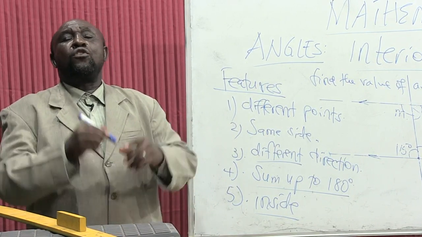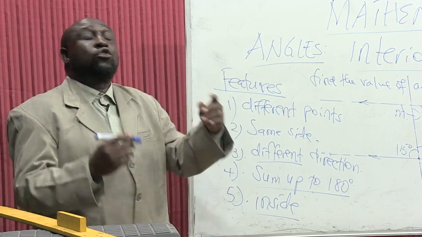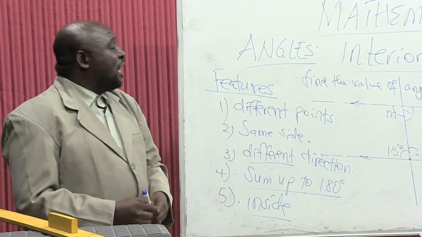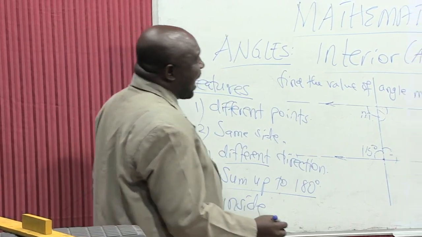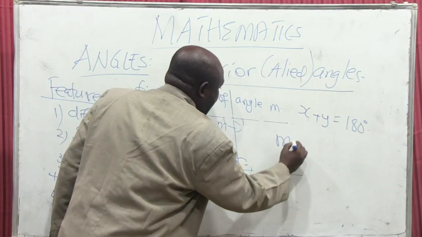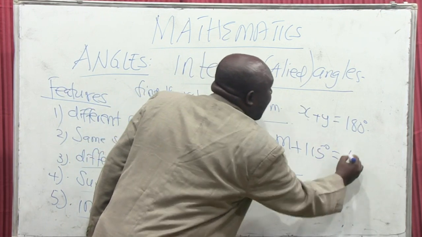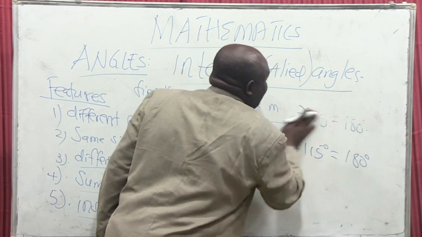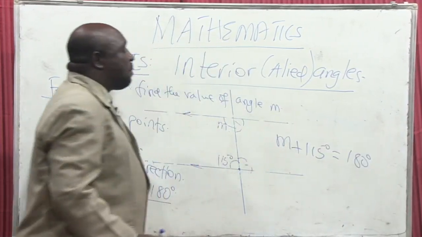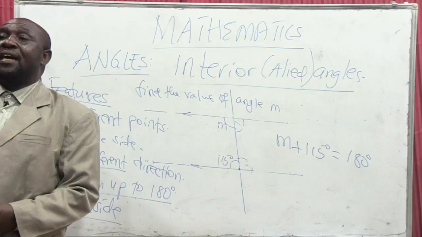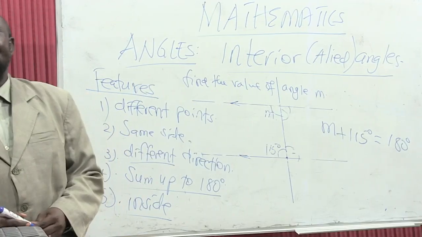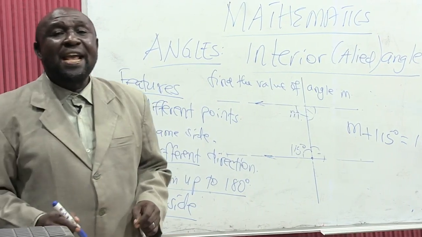Now, how do you use those features to solve this question? You write the equation: M plus 115 degrees equals 180 degrees. Why?